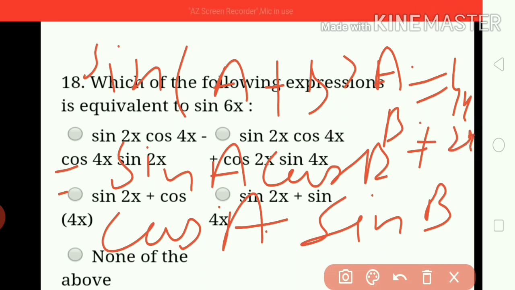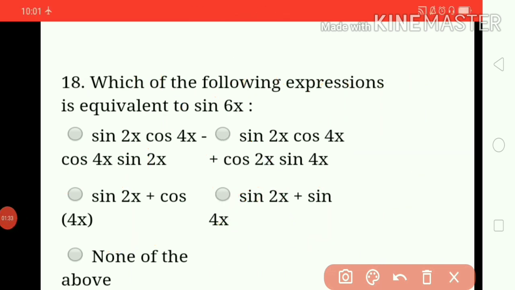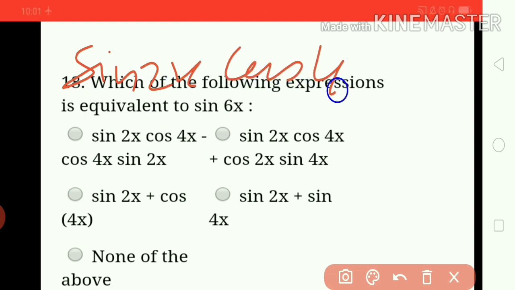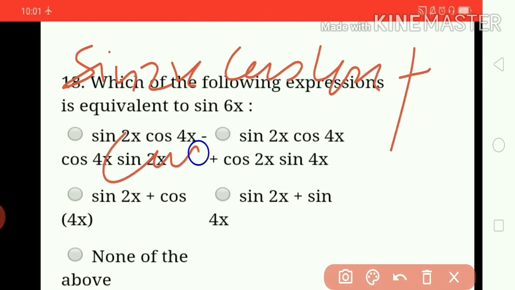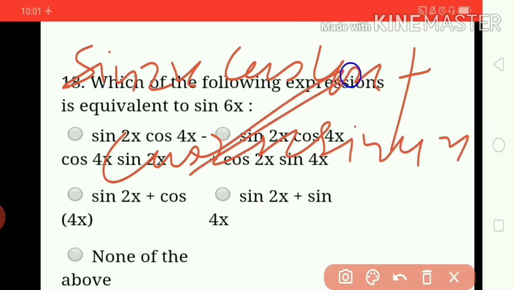So we have to check the option where sine 2x cos 4x plus cos 2x sine 4x is given. So let us check where it is given. Sine 2x cos 4x plus cos 2x sine 4x. This is the second option, right?